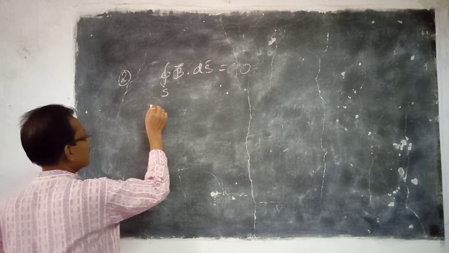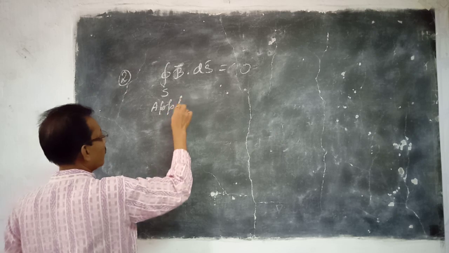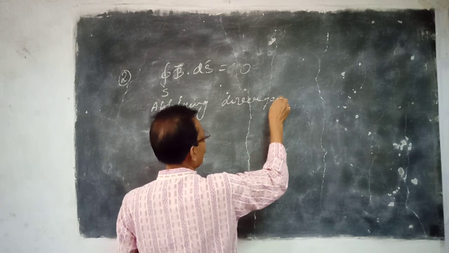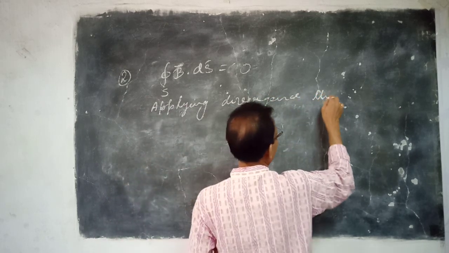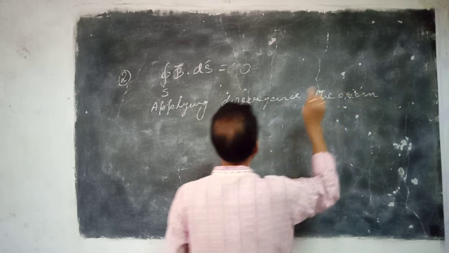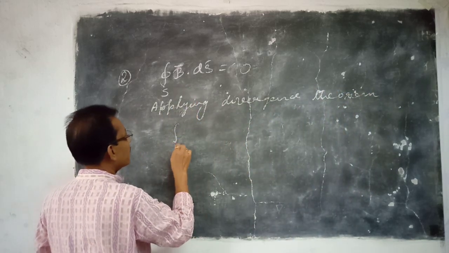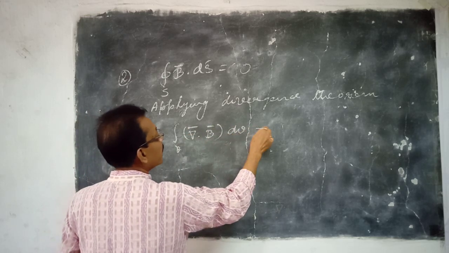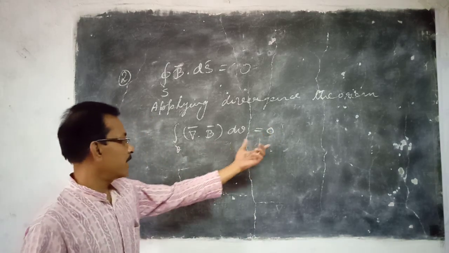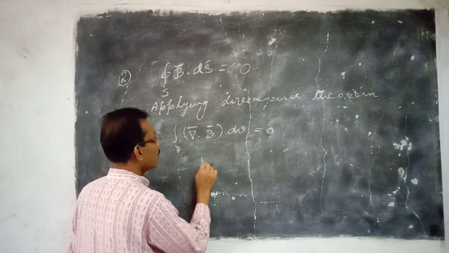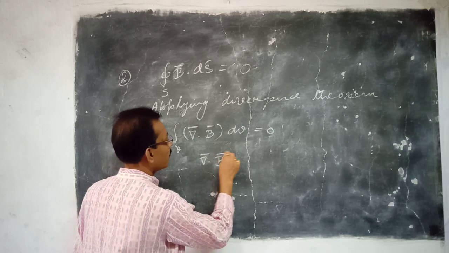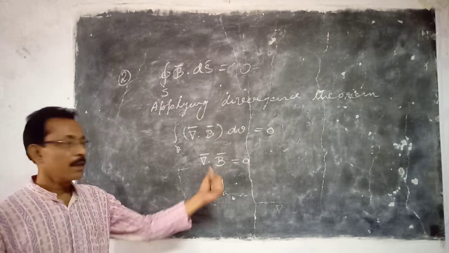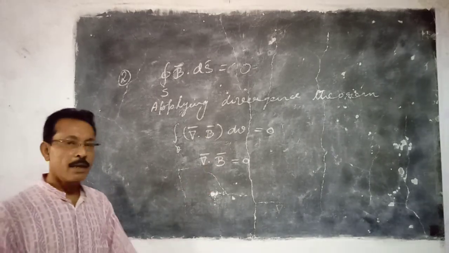Similarly, here also applying the divergence theorem, we write that the volume integral of divergence of B dV is equal to 0. So this integral is 0, that means its integrand is 0. Therefore, one can write divergence of B equal to 0. This is the differential form of the Biot-Savart's law or Gauss's law in magnetostatics.